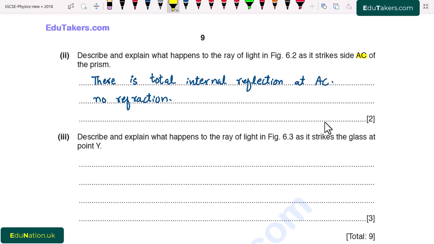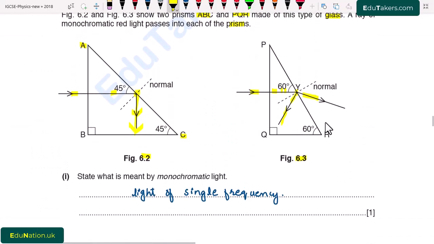Part 3. Describe and explain what happens to the ray of light in figure 6.3 as it strikes the glass at point Y. So going back to figure 6.3, we can see here that a ray of light comes and strikes at point Y, and there will be refraction and also reflection.